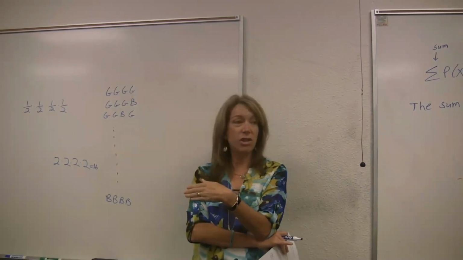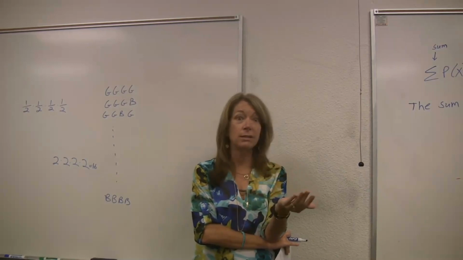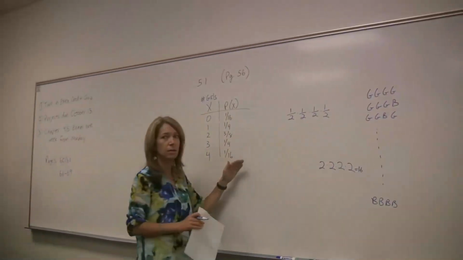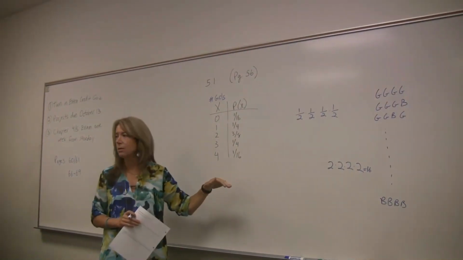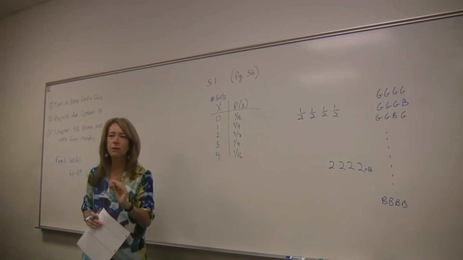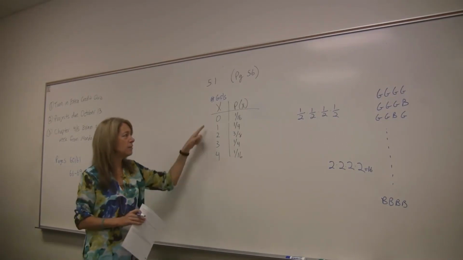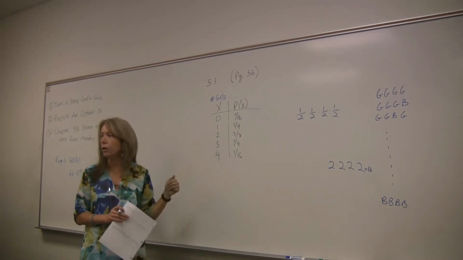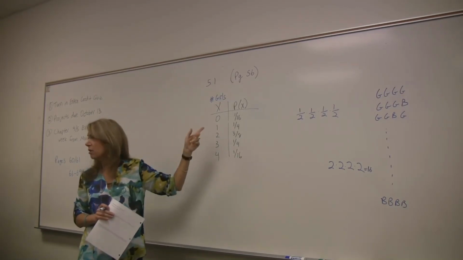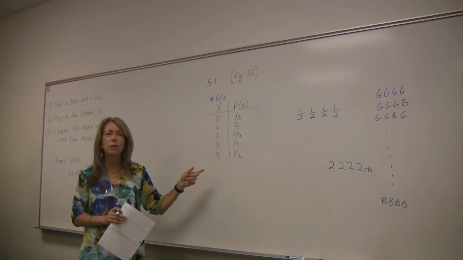So 100%, when you change it to a decimal, is just the number 1. If we add up all these fractions, what should they add up to? 1. The reason they add up to 1 is because if a family has 4 kids, do they either have 0, 1, or 2, or 3, or 4 girls? They either have 0 girls, or 1 girl, or 2 girls, or 3 girls, or 4 girls.